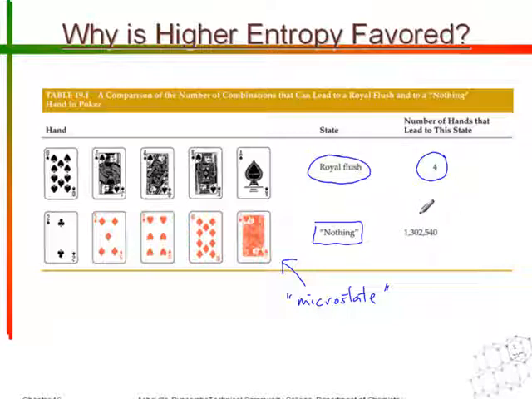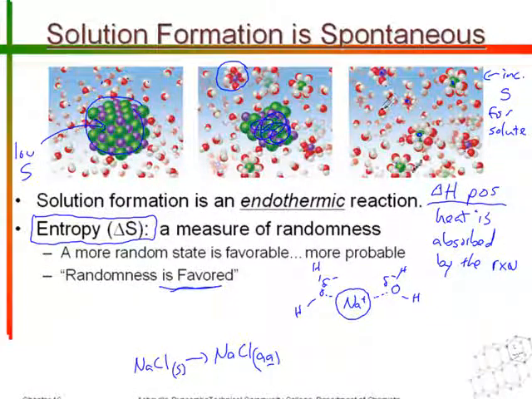And so the chances of acquiring something play a role, and the chances increase as you get into a more random system. There are many more microstates available for the look that we have in that third picture than the chance of all of these ions just coalescing as a simple little block of sodium chloride in the middle of the solution. And so this notion of probability, or what's called statistical mechanics, plays a large role in a deeper understanding of entropy.